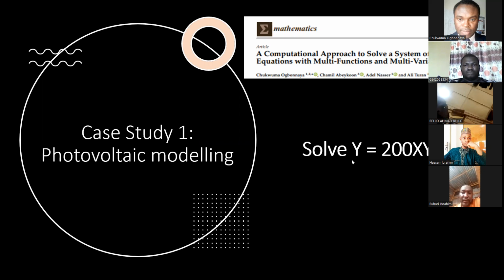You keep doing that until you generate your table and then plot the graph of y against x. That's the only way to solve it. If you want to make y the subject of the formula, y will divide y and you have 1 equals 200x, and the y will vanish. So the only way to solve it is to solve it systematically.